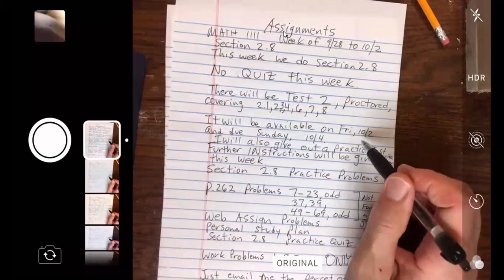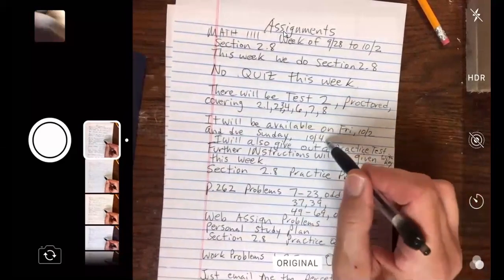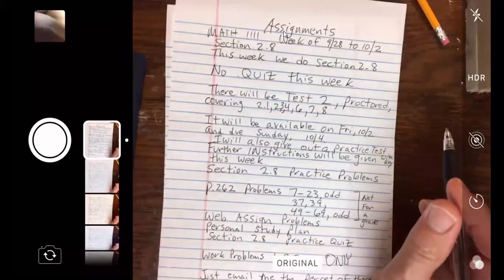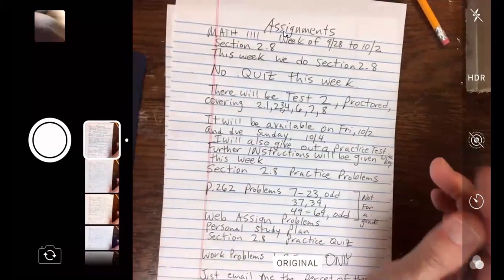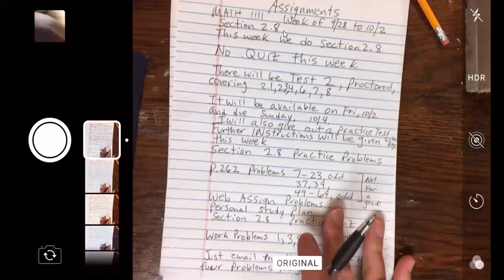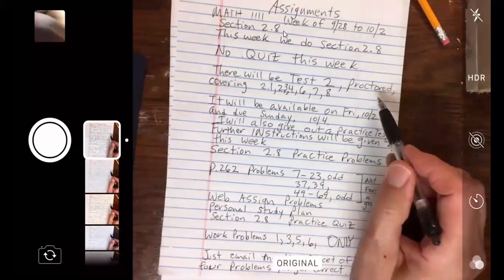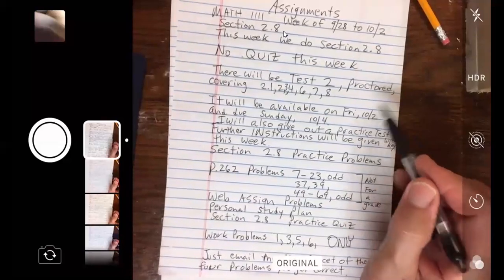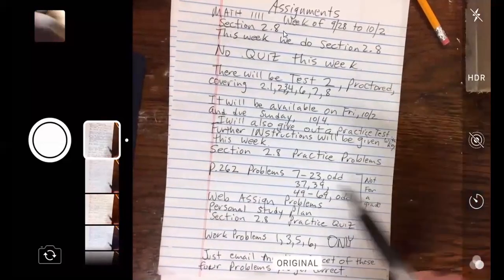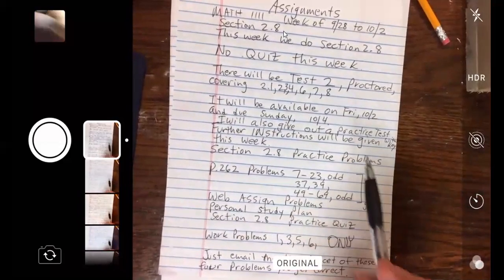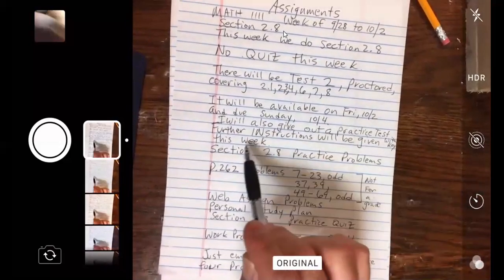We'll have it available on Friday 10/2 and due Sunday 10/4. It'll have the same format as your first test and as the quiz. It's just that it will be done and proctored inside D2L, and I'm going to hand out instructions for that. I will also give out a practice test with a key. Further instructions will be given this week.